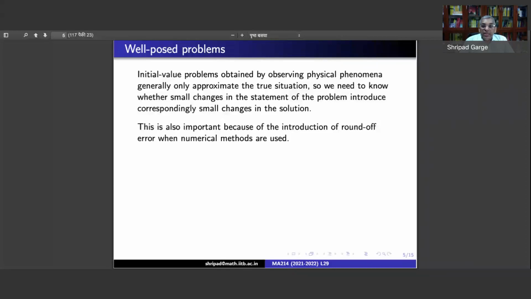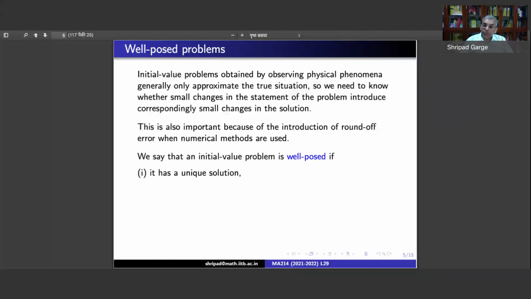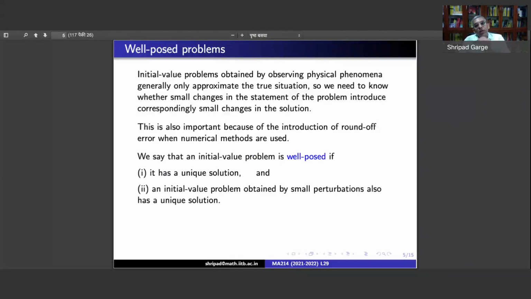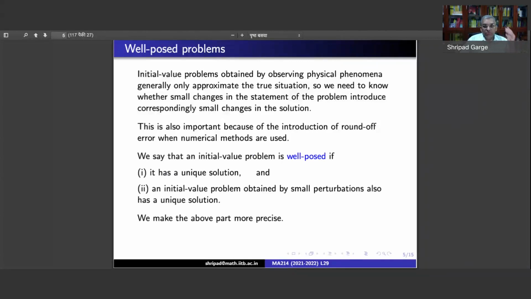We say that an initial value problem is well posed if, first of all, you have a unique solution to your initial value problem, and an initial value problem obtained by small perturbations also has a unique solution. This is what we mean. But this second condition has to be made slightly more precise, so we have to call upon our friends epsilon and delta.